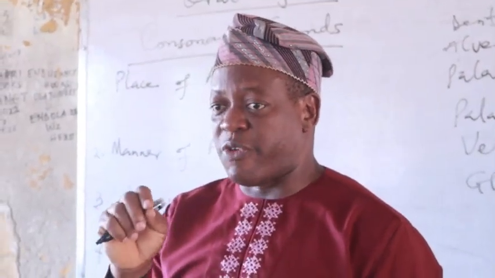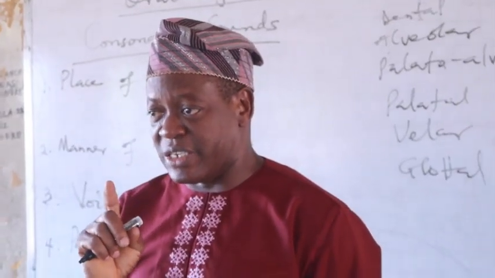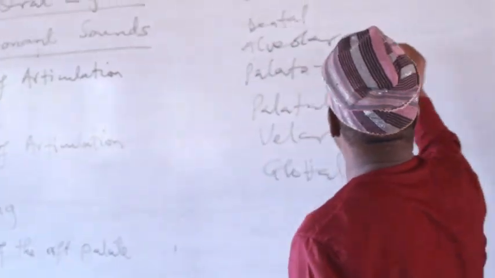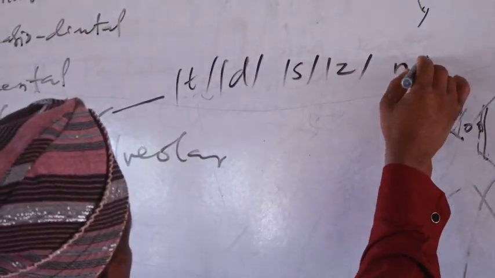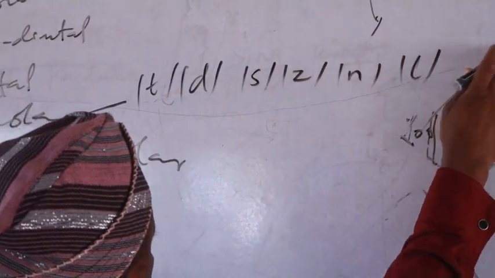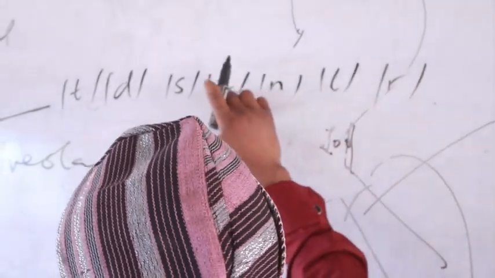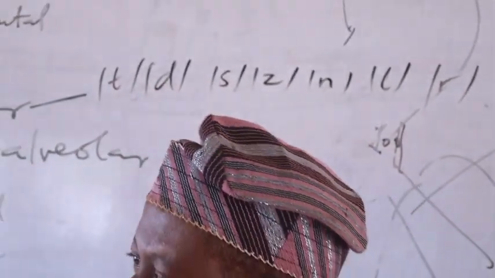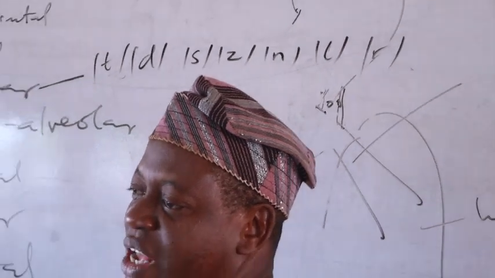Let the tip of your tongue rest on the alveolar ridge. Have you done that? Yes, sir. Now pronounce the following sounds. Those seven sounds are alveolar sounds.